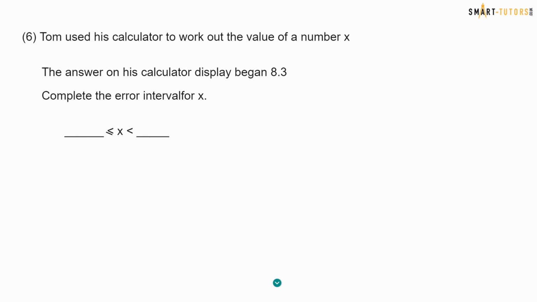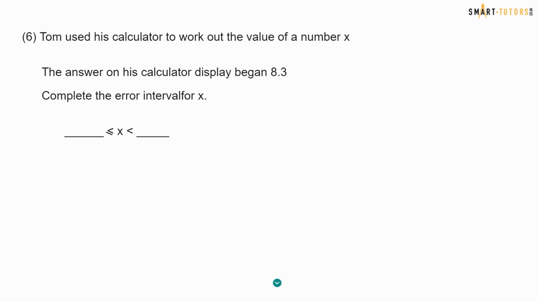Question number 6. Tom used his calculator to work out the value of a number x. The answer on his calculator display began 8.3. Complete the error interval for x. So the answer is 8.3, and we don't know what the next number is.